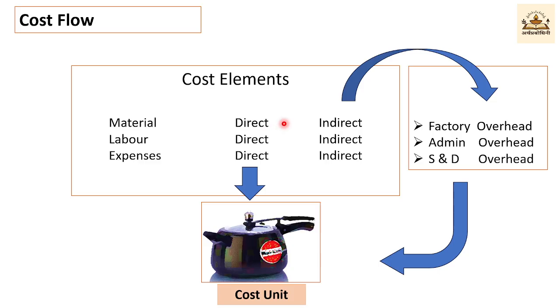And all other expenses which are indirect, means we cannot easily trace in the final product. So these are clubbed and classified as factory overhead, administrative overhead, and selling and distribution overhead. And these are then loaded to the product under the respective names. Now we'll see how these costs get calculated in the final product.